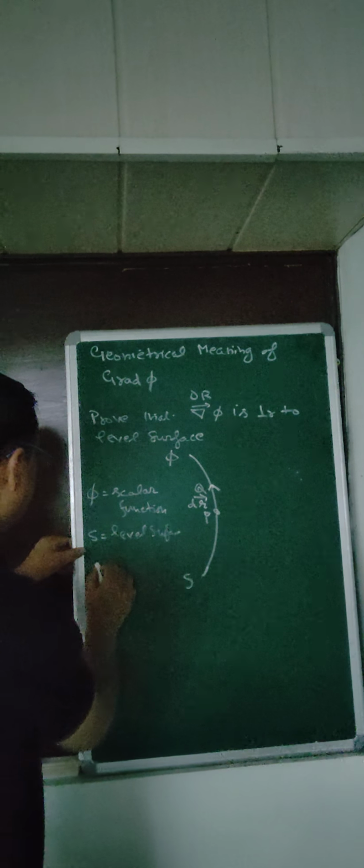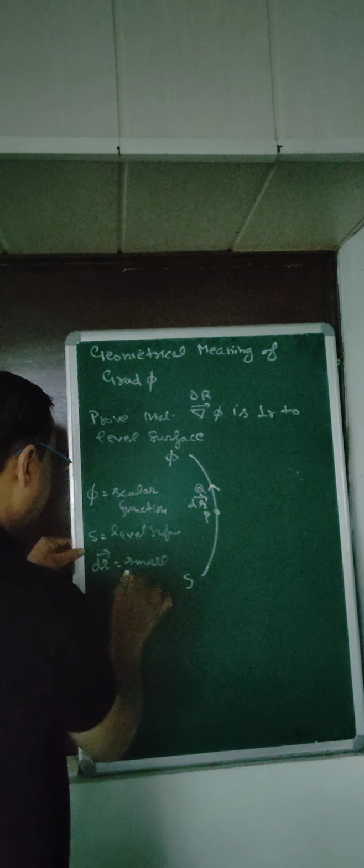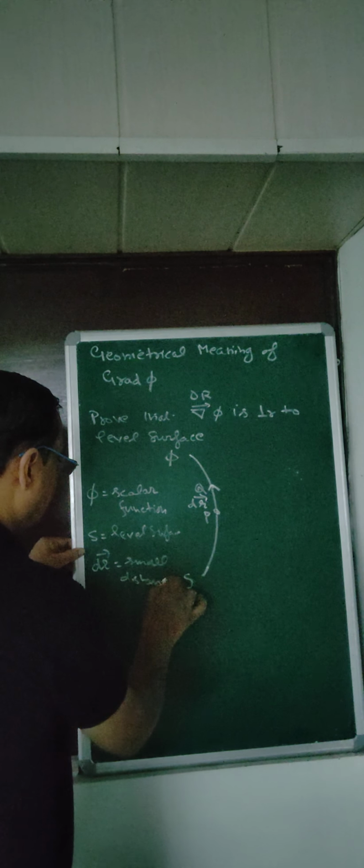Let us say that this distance PQ is dr. This is a small displacement, a small distance dr on this surface S, going from point P to point Q.